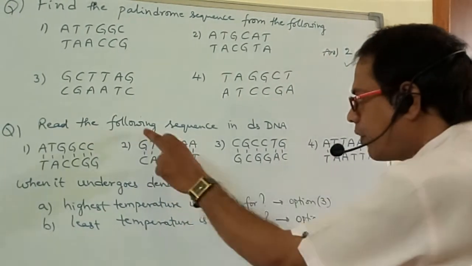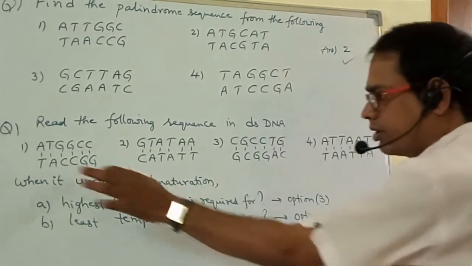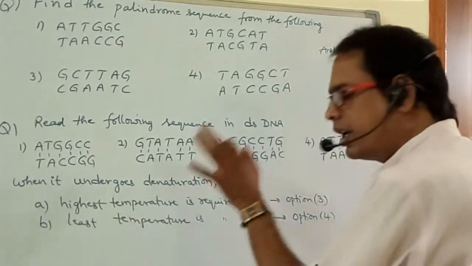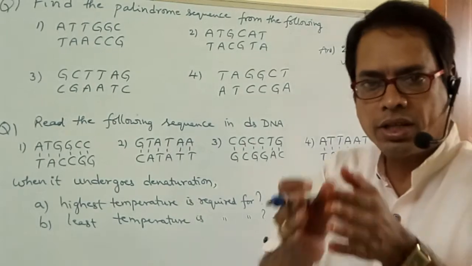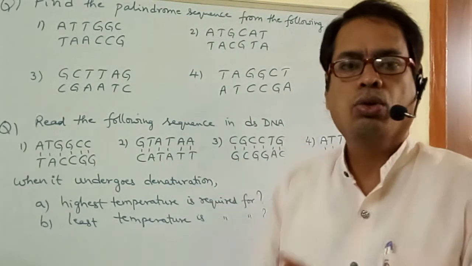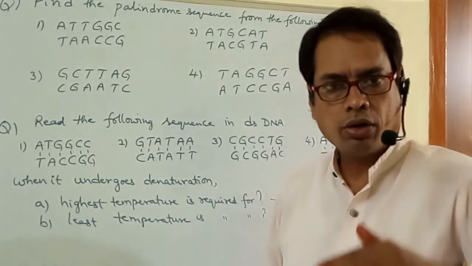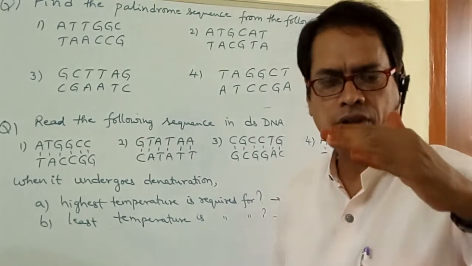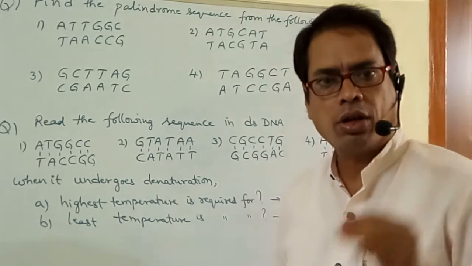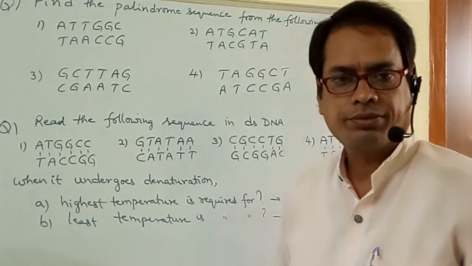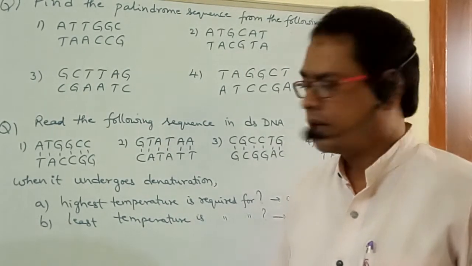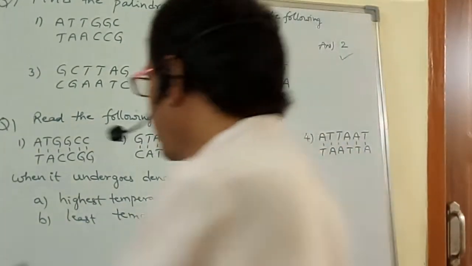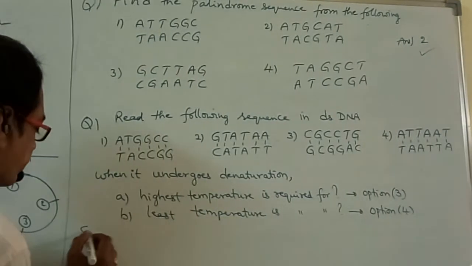Next, read the following sequence in double stranded DNA. This is the double stranded DNA. When it undergoes denaturation, denaturation means separation of two DNA strands. More hydrogen bonds means more temperature required. Fewer hydrogen bonds means less temperature required. The highest temperature is required for which one? So look at here.